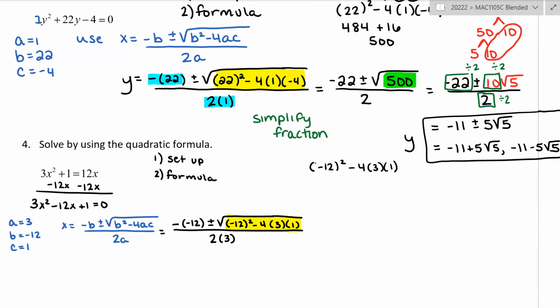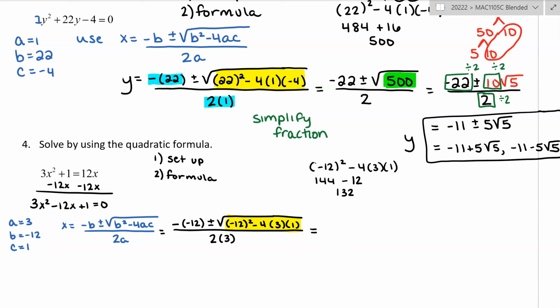So that's going to make a positive, and that's really important because a lot of people will mess up in their calculator, and the calculator will respond with negative 144. So if you are doing this in your calculator, make sure you wrap up the negative 12 in parentheses before you try to square it. So that makes 144. And then minus 4 times 3 is 12 times 1 is still 12. So 144 minus 12 is 132.